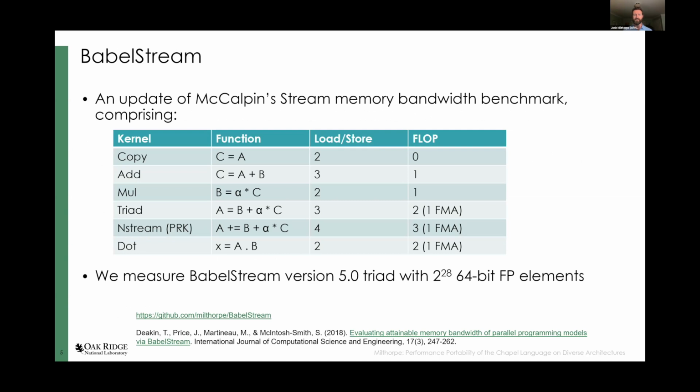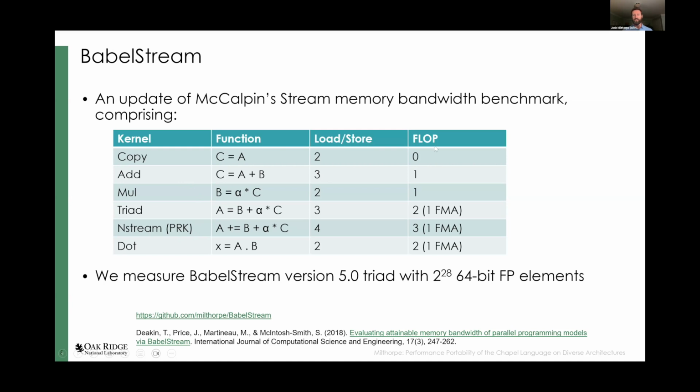BabelStream is just a stream code. Essentially what you're doing here, you're taking 2 or 3 vectors. So these A, B, C things are vectors of floating point elements. You're iterating through them and performing some operation on the matching elements in each vector. So essentially we're performing vector copies or additions or multiplications by a constant, that sort of thing.